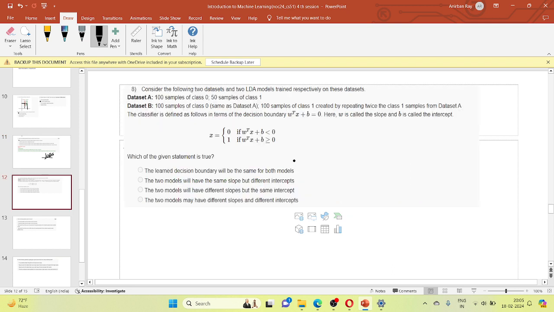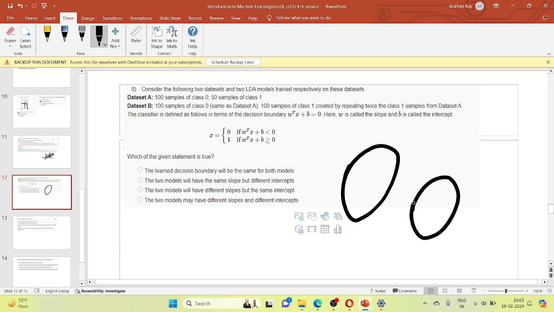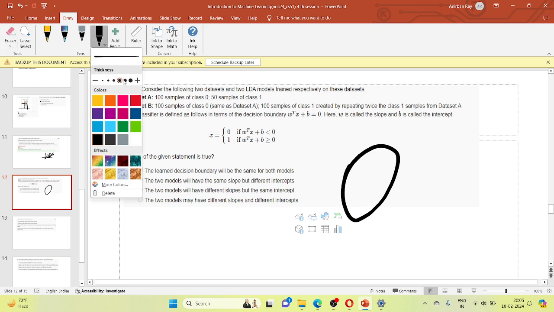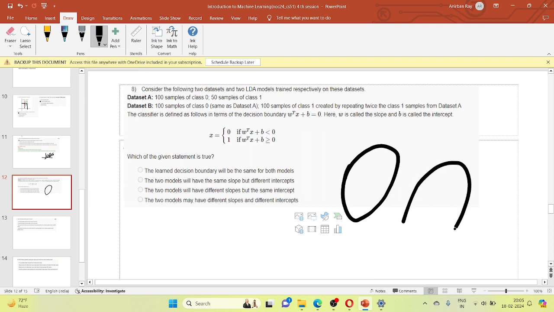Another question here. There are two data sets. Read the question. In one sample there is data, and in another sample there is also data.